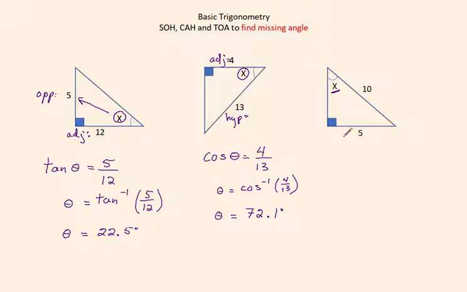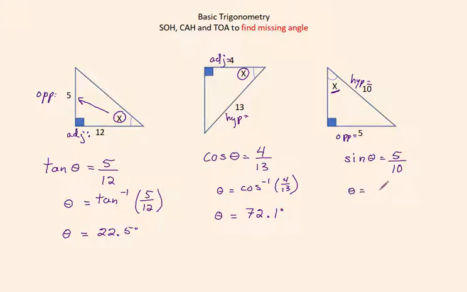Finally, in our last case, we're looking for this angle. We have the opposite side length, which has a value of 5, and the hypotenuse, which has a value of 10. So for that one, I'm going to use the sine, the SOH. So sine of theta will be equal to my opposite side length, which is 5, over my hypotenuse length, 10.